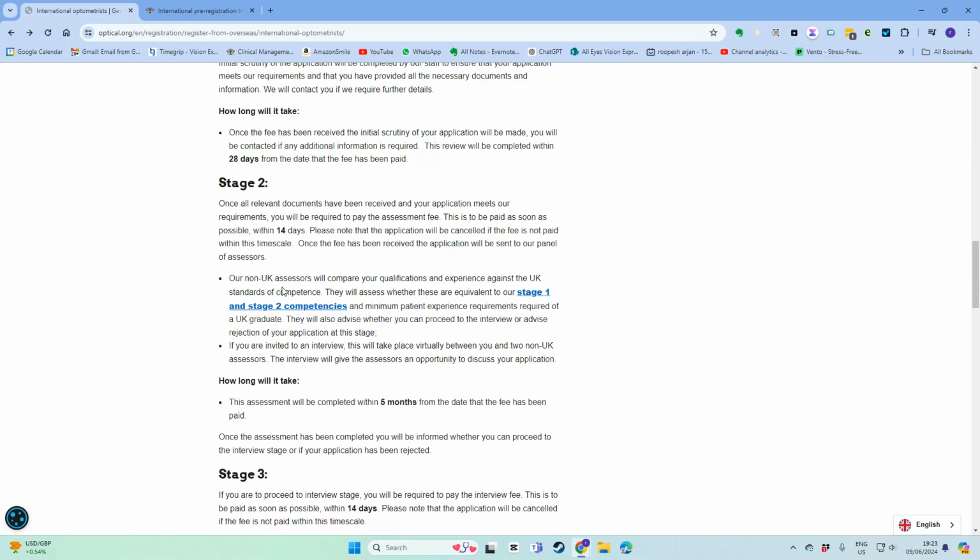Our non-UK assessors will compare your qualifications and experience against the UK standards of competence. They will assess whether these are equivalent to our stage 1 and stage 2 competencies and minimum patient experience required of a UK graduate. They'll also advise whether you can proceed to the interview or advise of rejection of your application at this stage. So understanding what our stage 1 and stage 2 competencies are is quite useful.